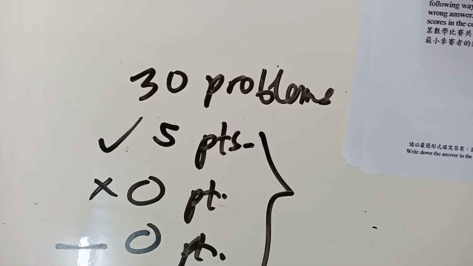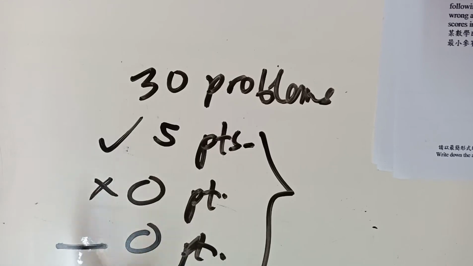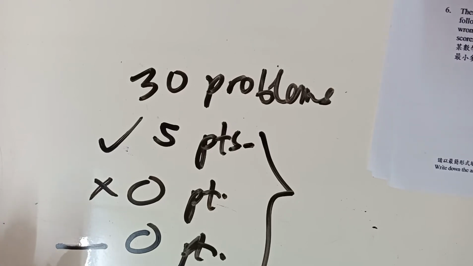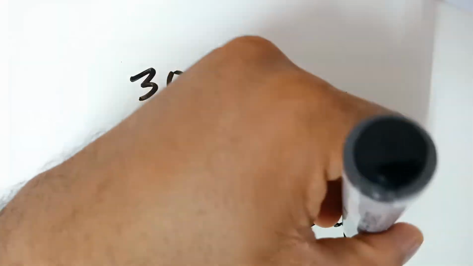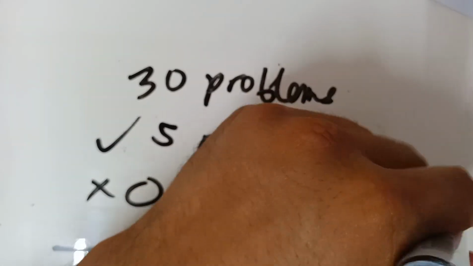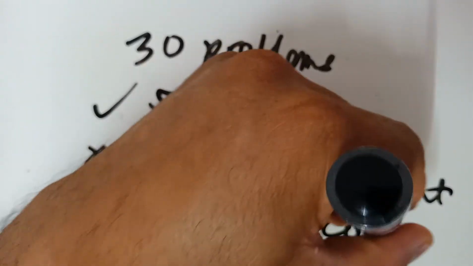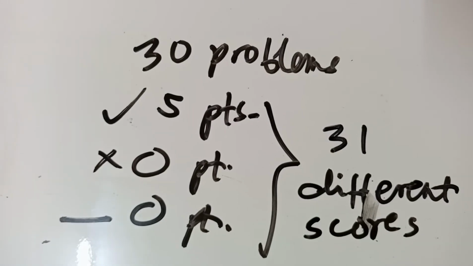So the possible scores will be 0, 5, 10, and so on up to 150. The perfect score is 150. The lowest score is 0. Those are the multiples of 5, including 0. That is 31 different scores, 31 unique scores for this math competition.